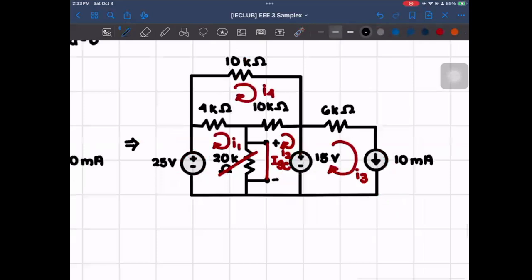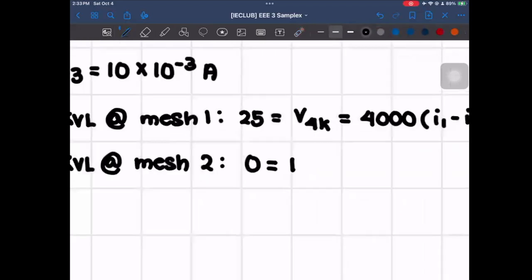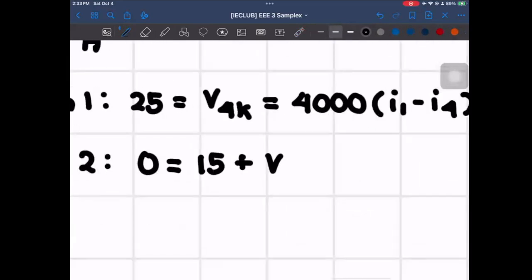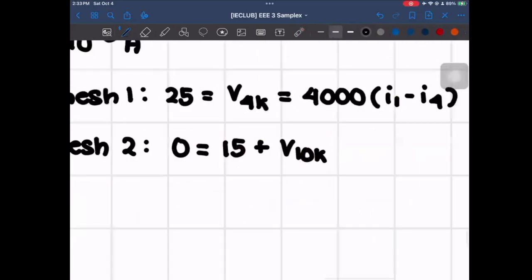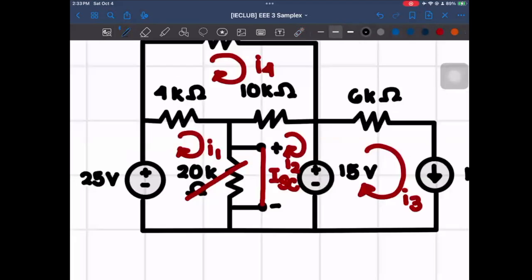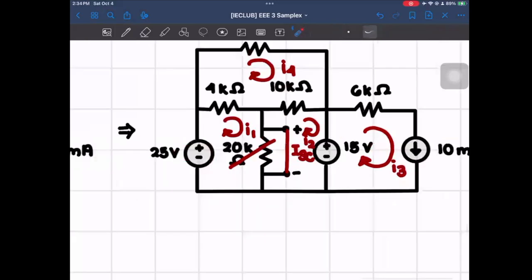So that will just be equal to 0 is equal to 15 volts plus V 10K, and then that will just be equal to 15 plus 10,000 times the current there. So the 10K is in between I4 and I2. And for I2, when it reaches 10K, it's going to go this direction. But for I4, it's going the opposite direction. So it's going to be I2 minus I4.